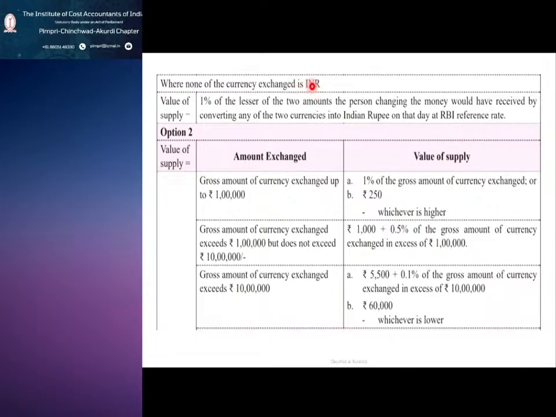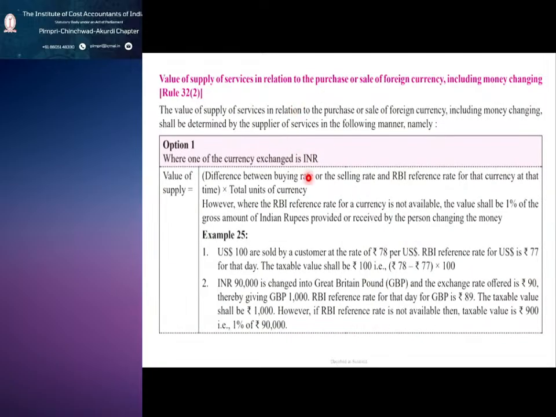Sorry, this one you don't refer to, we need to refer to this one. Where the RBI reference rate for a currency is not available, the value shall be 1% of the gross amount of Indian rupees provided or received by the person changing the money. So you need to refer to this if the RBI exchange rate is not there.